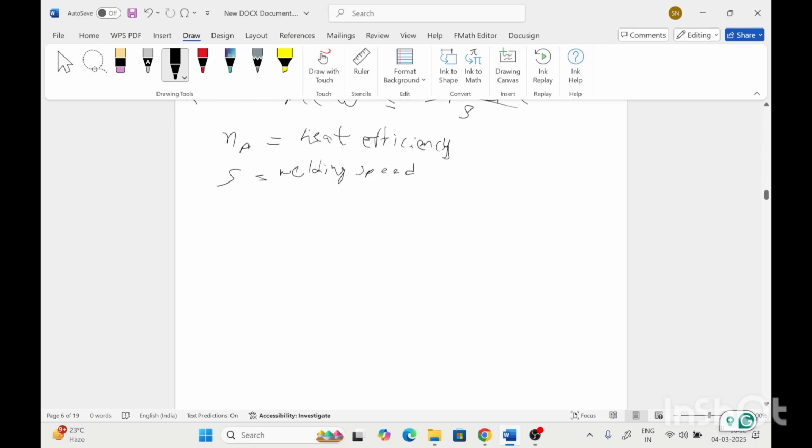For that we have to understand the heat distribution in the arc column and between the cathode and anode.